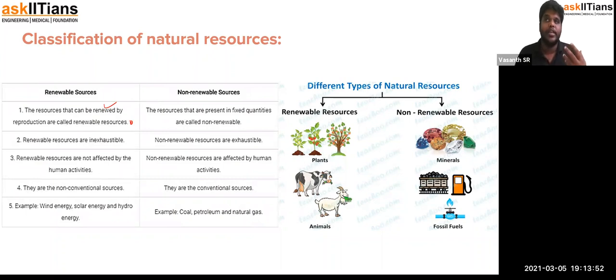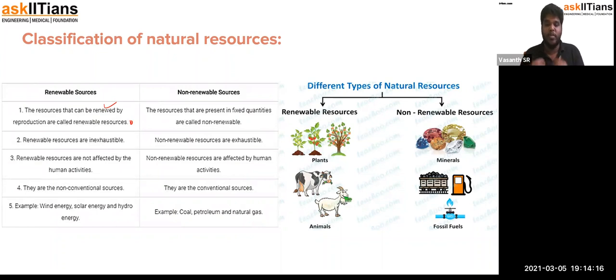Or let's say, for example, we use a computer to get things working. Once we throw it in the dumpster, it is really hard to get the same purified form that we acquired to make the computer. That's where the difference is. So any resource which can be replenished is called renewable.